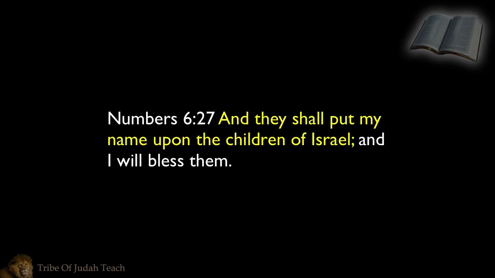For example, if you live in a house with a bunch of people and you buy something that you don't want to share, you put your name on it to show that it belongs to you. It's your possession. Well, through the prayer of the priest, the Most High put his name on us to show that we are his possession.